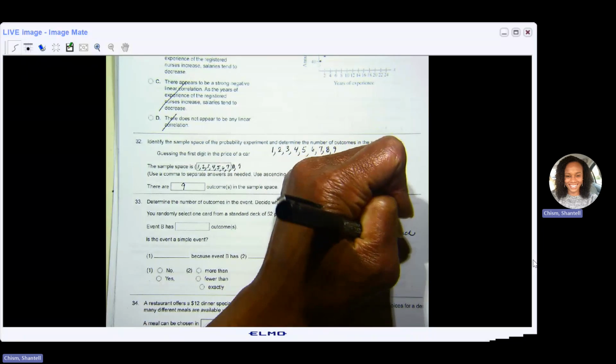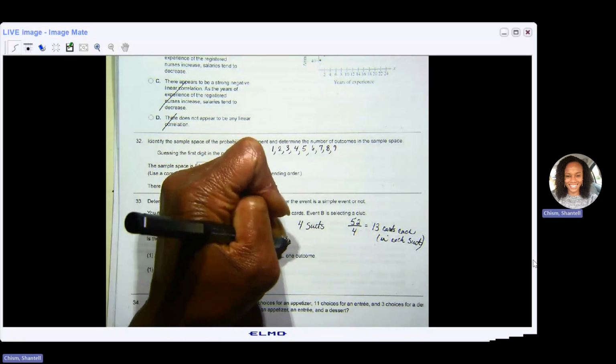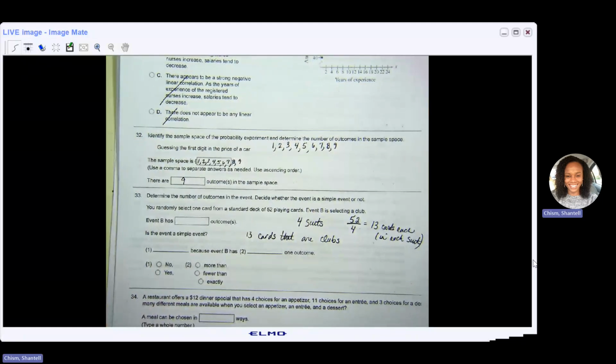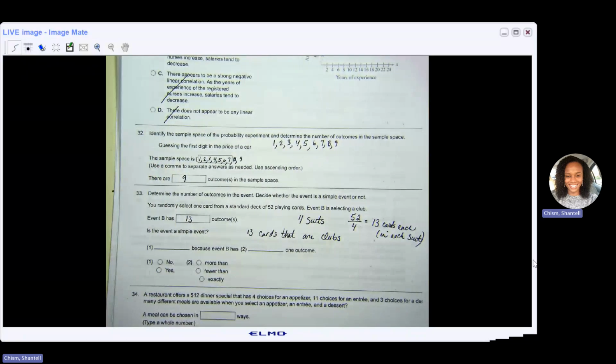So there are 13 clubs, 13 cards that are clubs. Okay? 2 of clubs, 3 of clubs, 4 of clubs. Okay? There are 13 cards that satisfy that event.